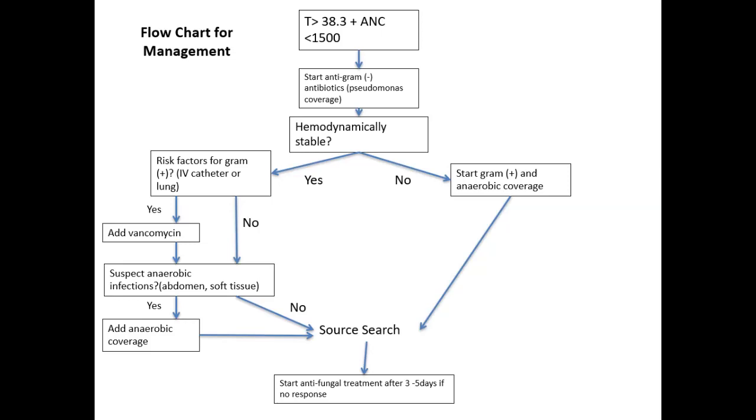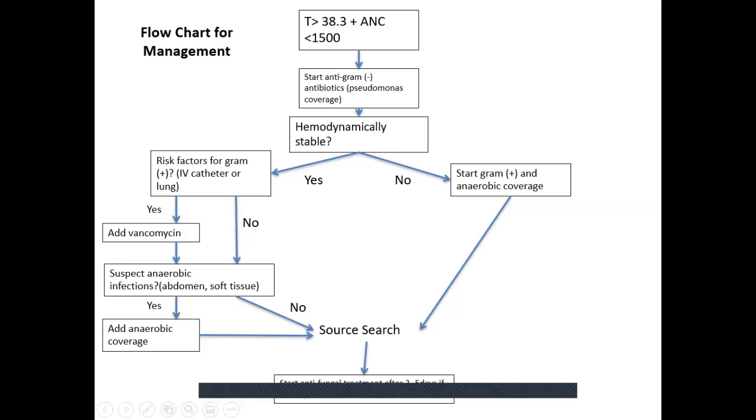Some patients with abdominal infection or soft tissue infection, we may think of anaerobic infection. And in these patients, we may need to give antibiotics that are active against anaerobic bacteria like metronidazole. Okay? And we continue searching for the source of the infection.